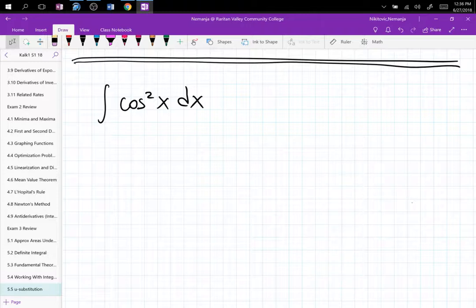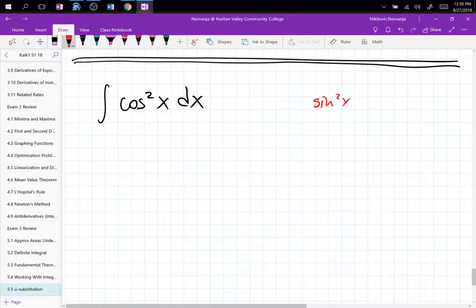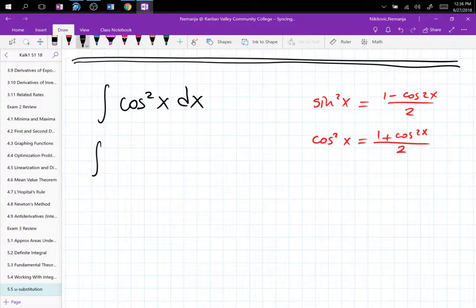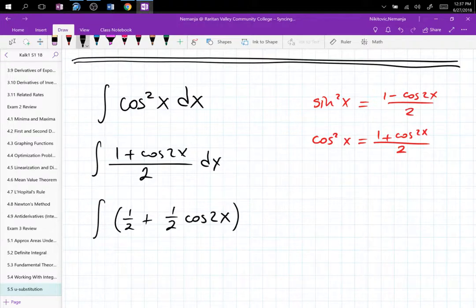You learned this in pre-Calc 2, where you know that sine squared x is equal to (1 minus cosine 2x) over 2, and that cosine squared x is (1 plus cosine 2x) over 2. So using that formula, this becomes the integral of (1 plus cosine 2x) over 2 dx, and then this splits into two integrals: the integral of 1/2 plus 1/2 cosine 2x dx.